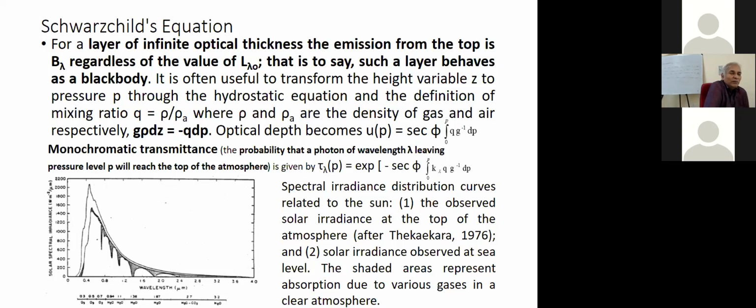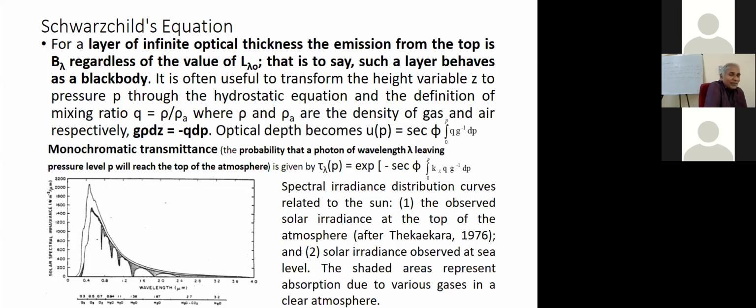These two account for something like 98% of the total atmospheric mass, 76% by nitrogen and 22% by oxygen. The third most important constituent is carbon dioxide, which has something like 400 parts per million, which in terms of percentage comes to 0.04.